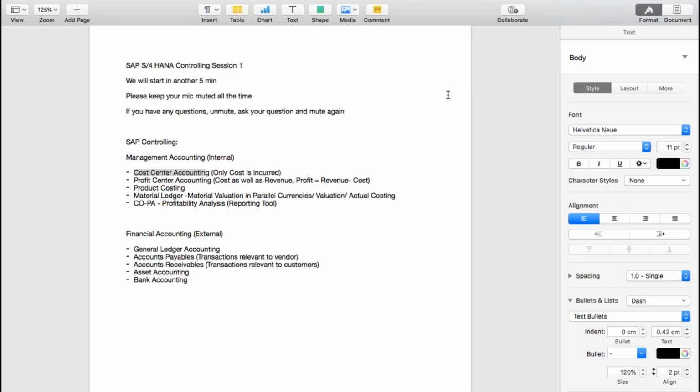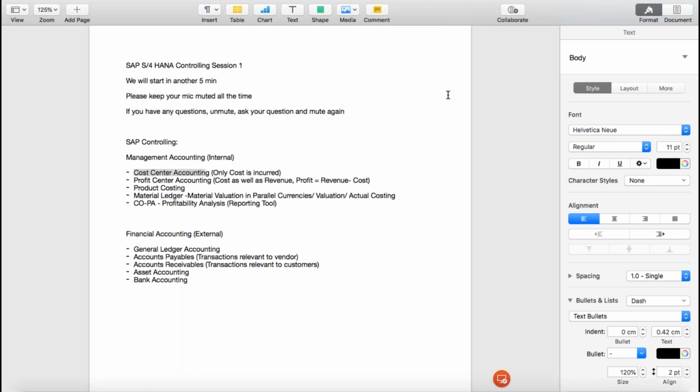Now with SAP S4 HANA, SAP came up with the new concept of IBP. In IBP, you have integrated business planning. Instead of different planning tools, you can do all the planning at one level, and that is the reason it is called integrated business planning. But again, IBP or basic controlling planning, these are two options which are provided.